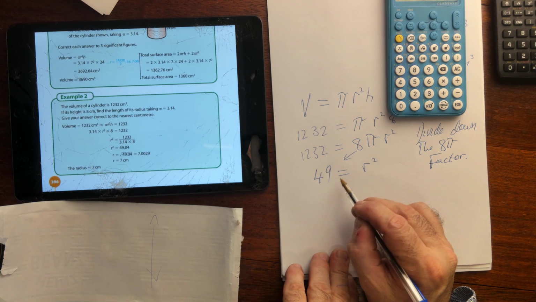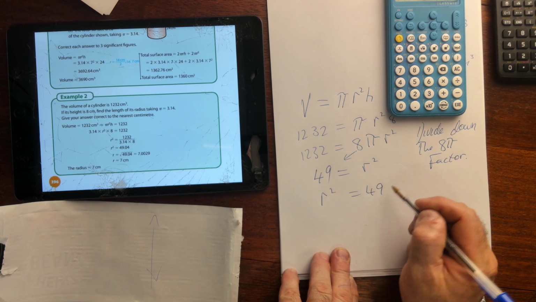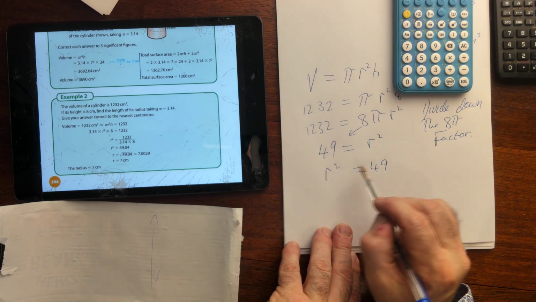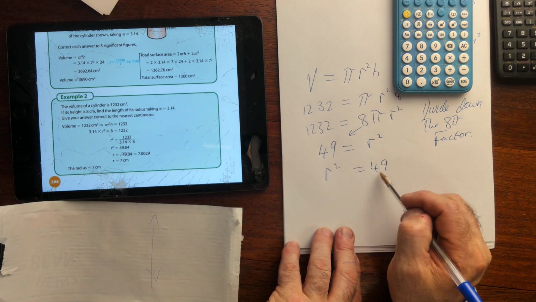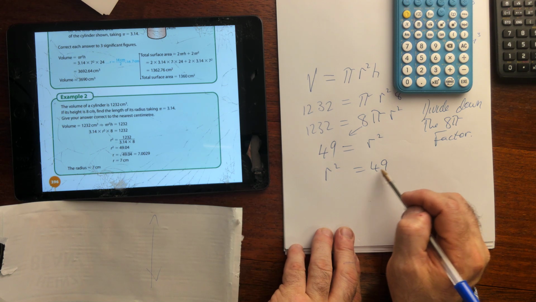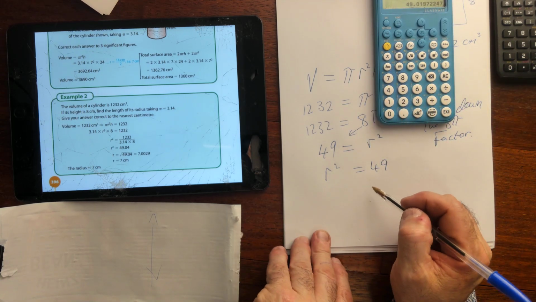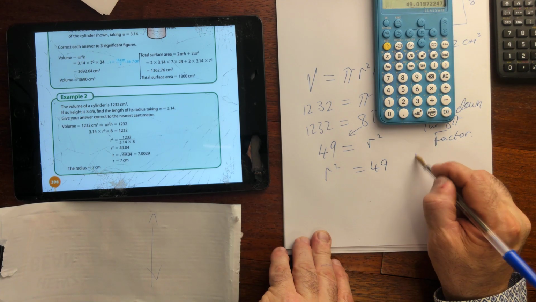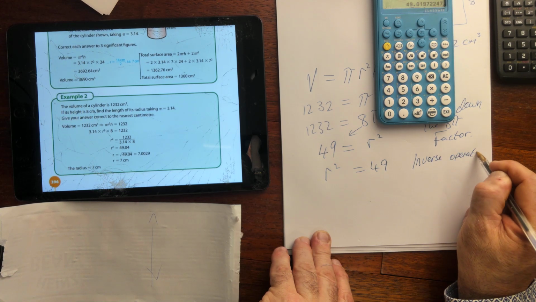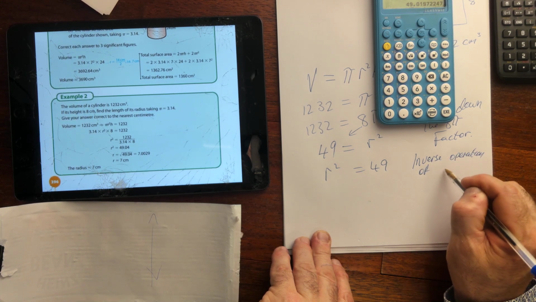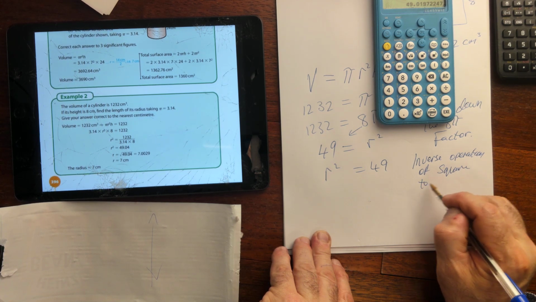Now if r squared equals 49, now our next problem is, and let's write it again, r squared equals 49. What could r be? So a square of a number is 49. So some of you might recognize that by inspection. You might remember, oh, I know a number that's squared is 49. You might remember it's 7 squared. But if you don't, what you can do is, and I want you to write this anyway, so we're going to do the inverse operation of square to both sides.